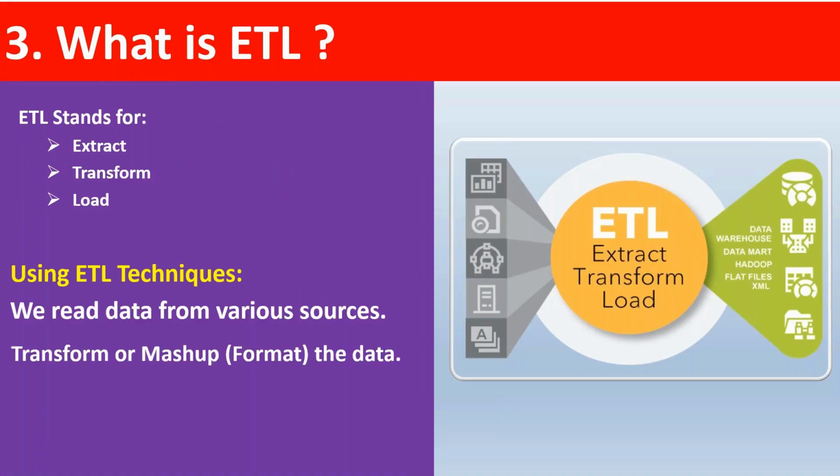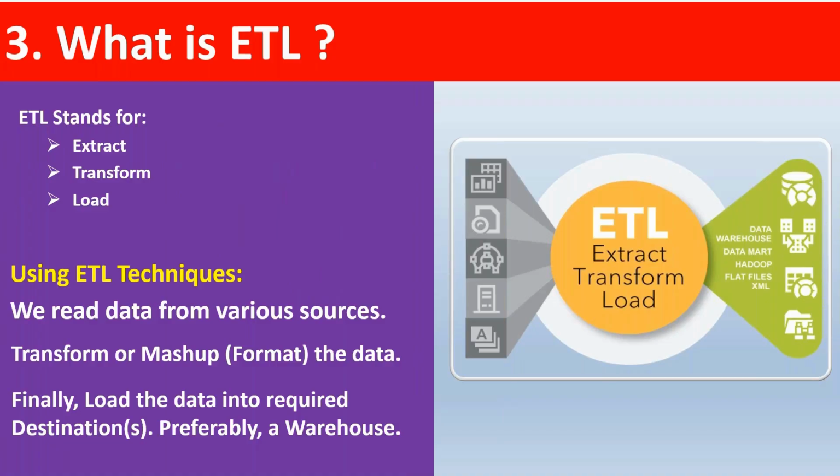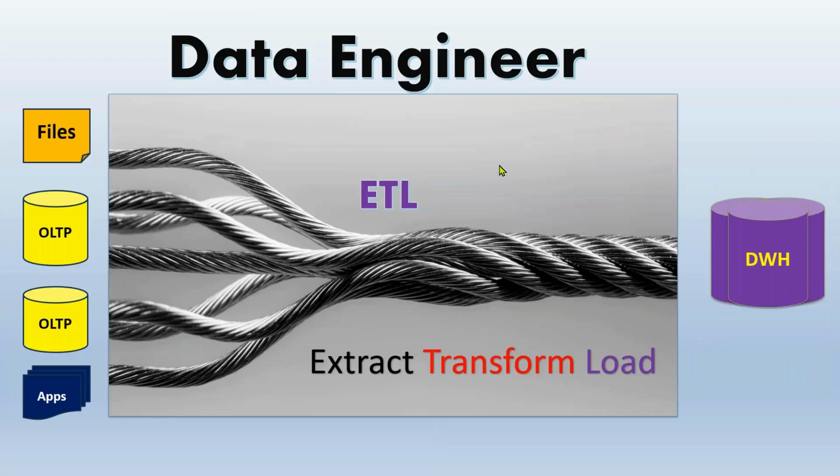We read data from various sources, perform transformations, finally load the data to destination. In our example, destination is our Fabric environment. So as a data engineer, we are involved in reading data from various sources, performing destination loads. To implement these items, we make use of Fabric. Fabric can help us for performing these ETL and data warehousing concepts.